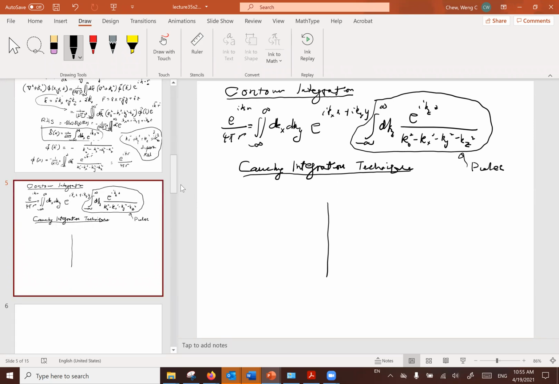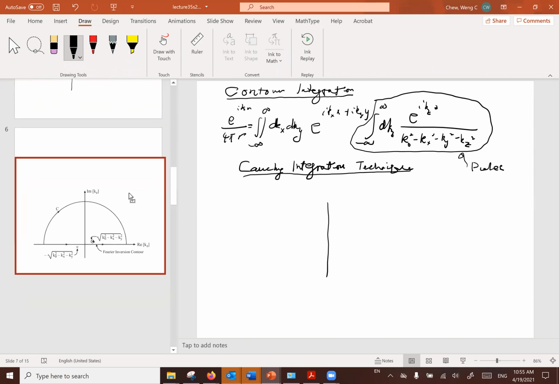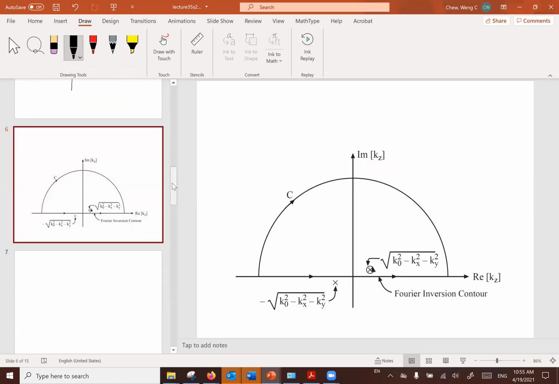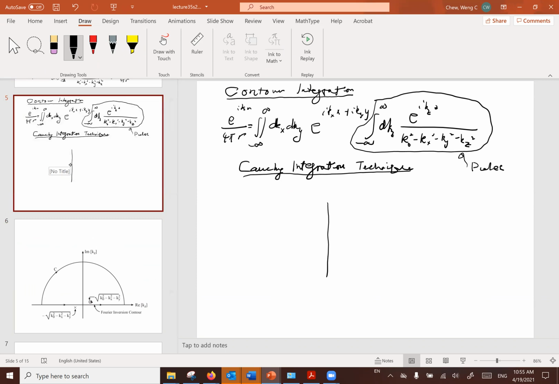Let me see, do I have those pictures? Maybe I have some nice picture here. Okay, there's a nice picture here. Let me just put it above. So if I were to look at the integrand now, and using this nice picture that I have, the pole location in a complex kz plane, since I'm doing this kz integration, I will look at the pole in a complex kz plane.